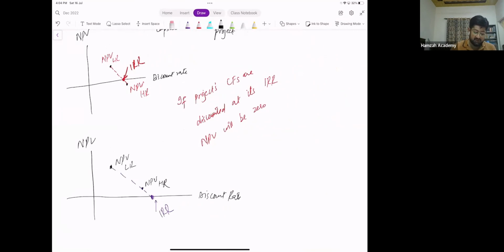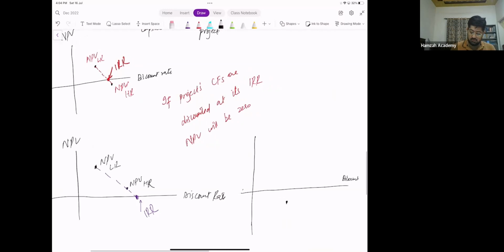Another example, third one. For example, both NPVs are negative, NPV at lower rate and NPV at higher rate.